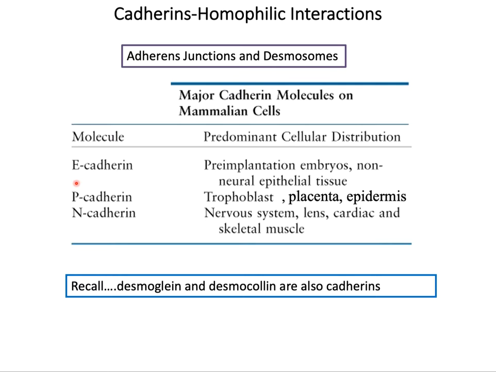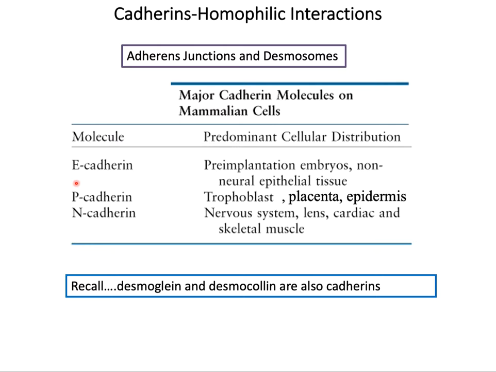Cadherins are a very, very large family of cell adhesion molecules. You will remember they represent the transmembrane linker protein in adherens junctions as well as desmosomes. The first three cadherins to be discovered are shown in the table. You have E-cadherin, or epithelial cadherin, which plays an important role in junctions in embryos and non-neural epithelial tissues.